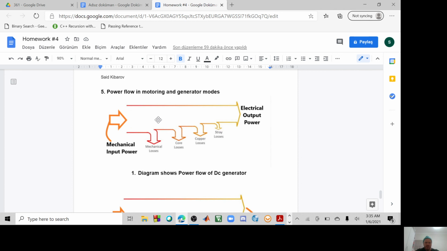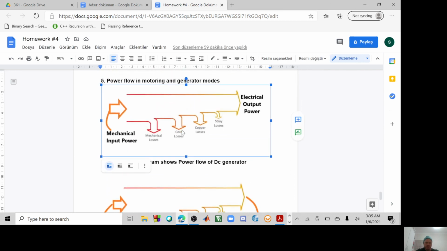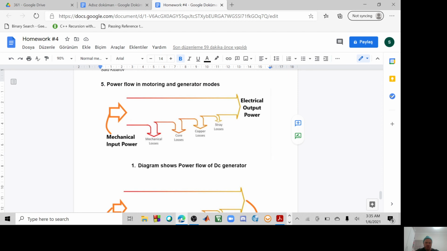I think it is a convenient way to see and understand losses from diagrams like this. For the DC generator, as input we have the mechanical input power, as output we have the electrical output power. What about losses? Of course we have them. Here are the losses, namely mechanical losses, core losses, copper losses, and stray losses.